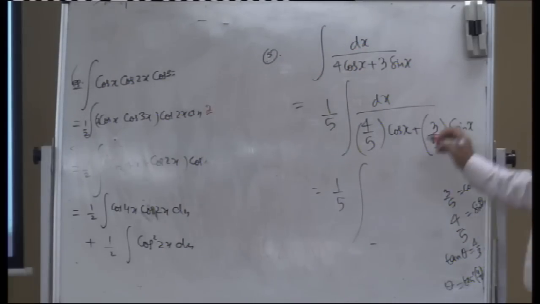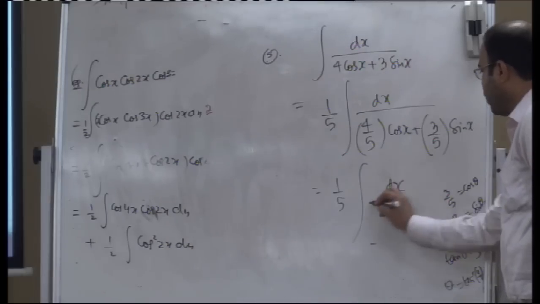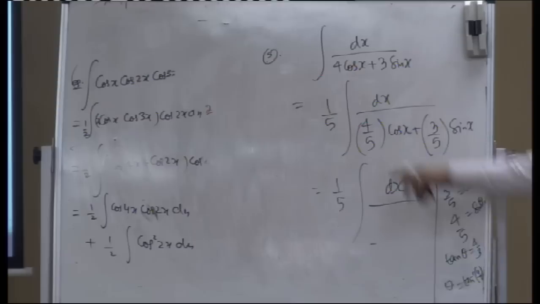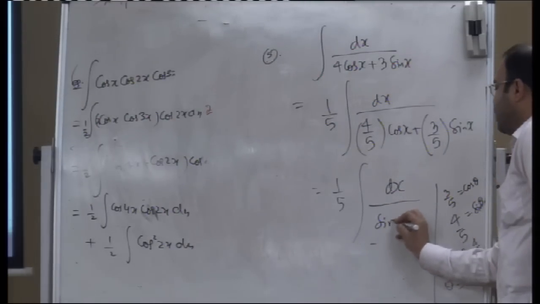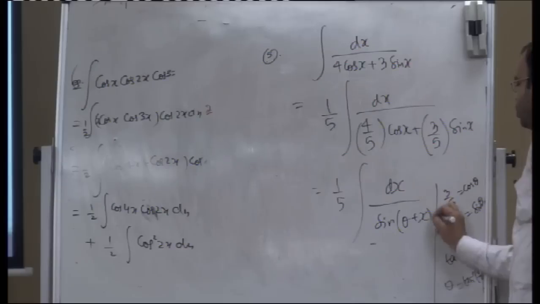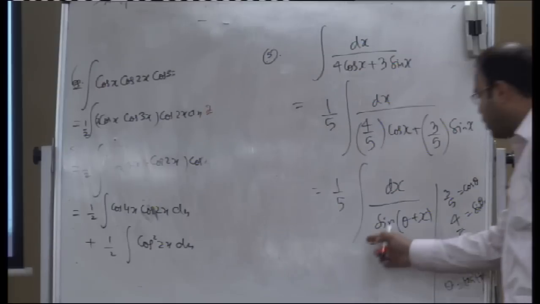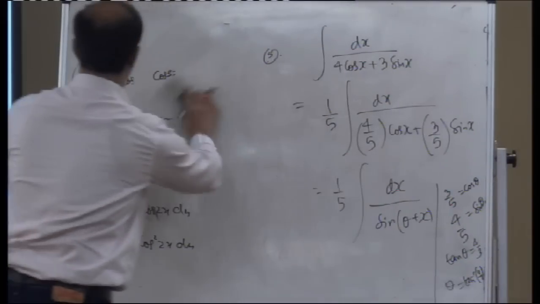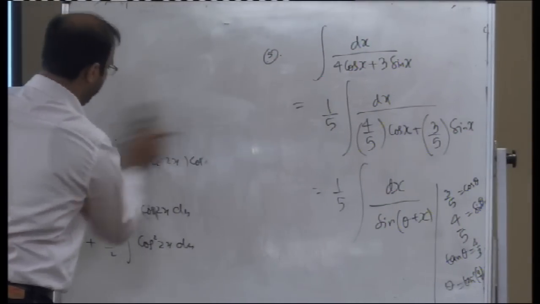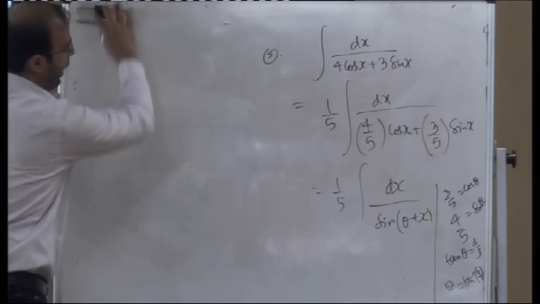And next, this would become dx upon 4 by 5 sin theta and 3 by 5 cos theta, sine of theta plus x. So reciprocal of this would become cosec of theta plus x. You don't know the formula for cosec of theta plus x, right? Right now we have not studied. So what we can do here, we can do some manipulation.